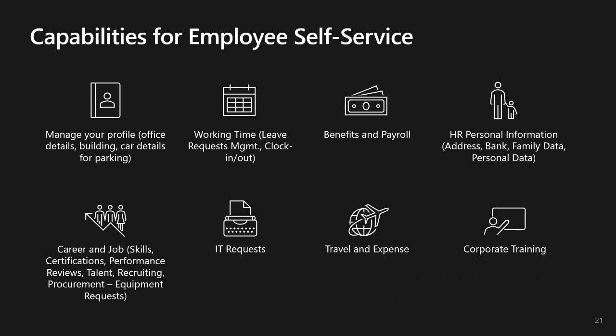And so all of that functionality spans a wide variety of things like profile management for employees with administrative details like office details, car details for parking, and so on. There's also functionality available in finance and operations like leave request management and time and expense or clock in, clock out type functionality could be added to a self-service portal.